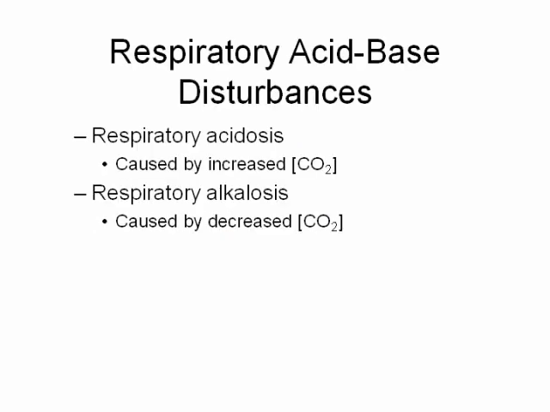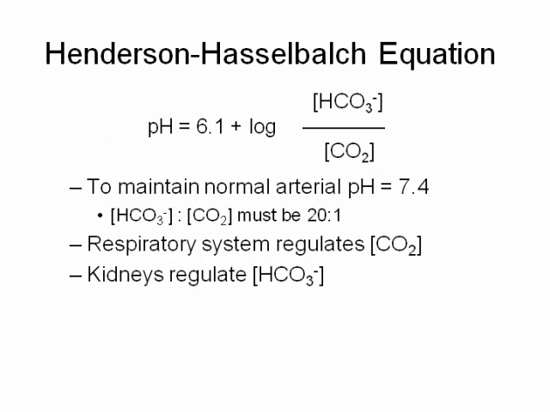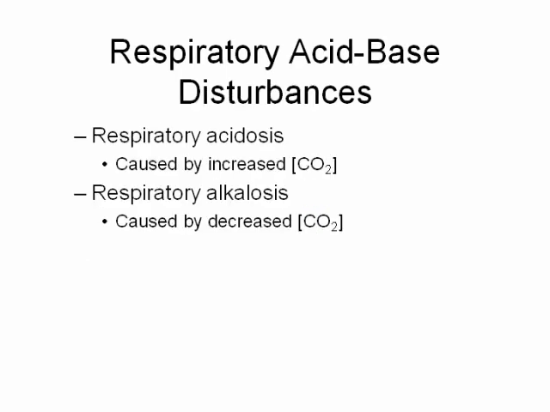Let's look at disturbances of acid-base balance. Respiratory acidosis, that is when pH is below normal, and it's due to the respiratory system, it is because there is an increased CO2 concentration. It makes sense given what we said in the previous slide, 2 slides back, that if the CO2 molecule is functionally equivalent to a hydrogen ion, then increasing CO2 is going to cause acidosis, or in that case, a decrease in pH, making the blood more acidic.